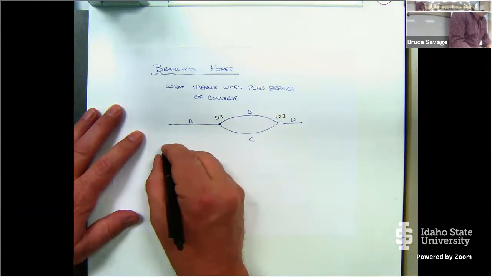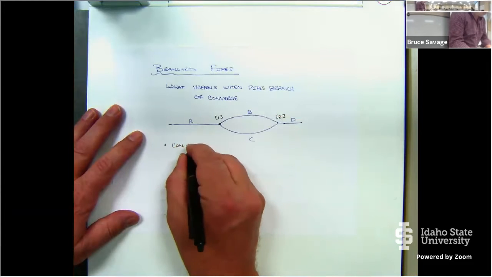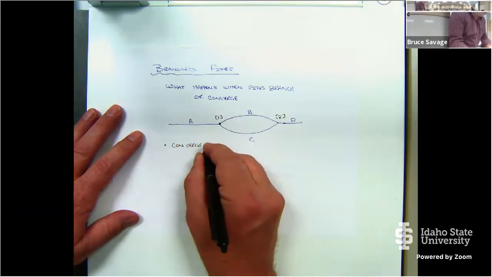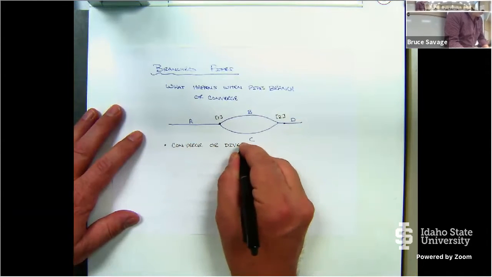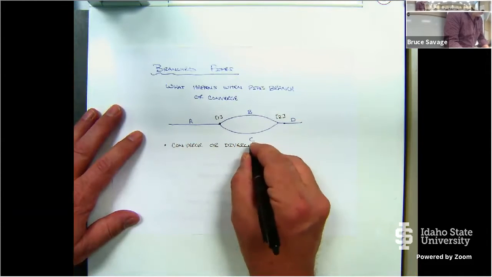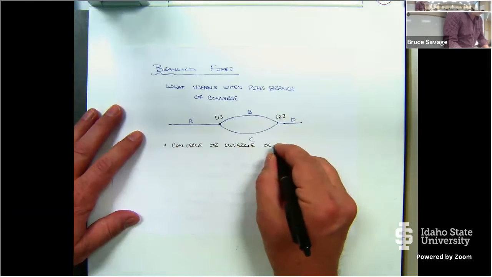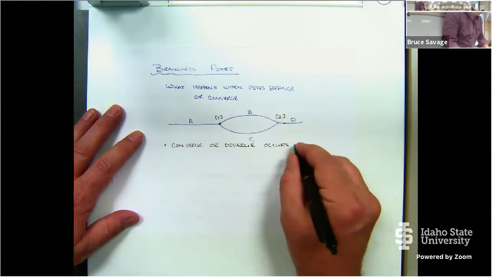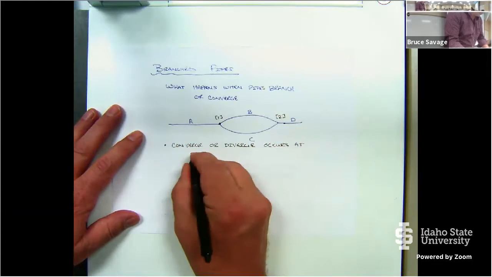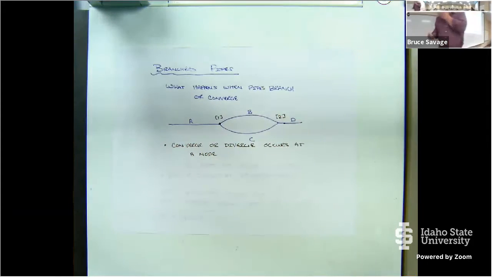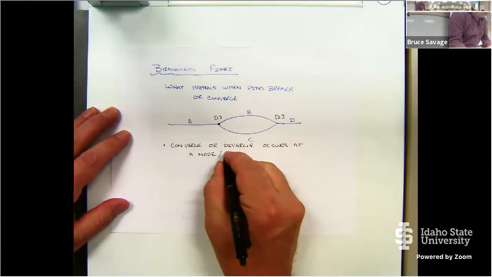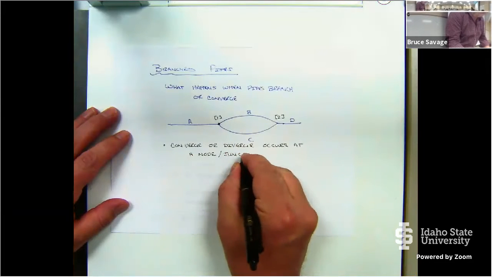So the concept of converge or diverge occurs at a node. A node, or we're also going to call this a junction.